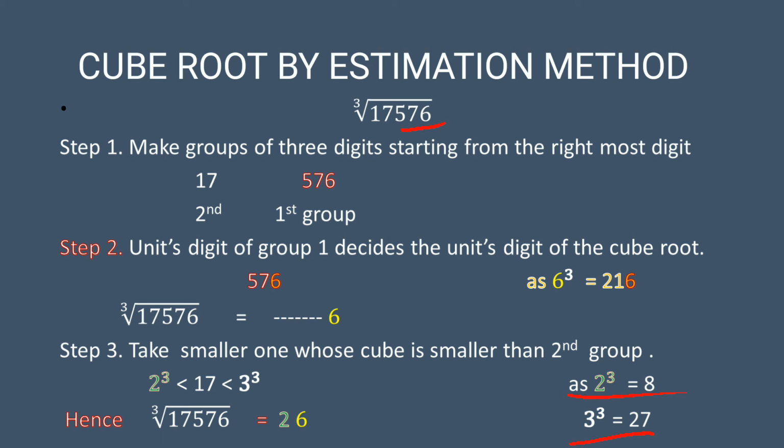It means 17 lies between 8 and 27. So we will take the smaller one as the tens digit of our required cube root. Hence, the cube root of 17576 is equal to 26. This is all about our second chapter. Now you can complete your second chapter.